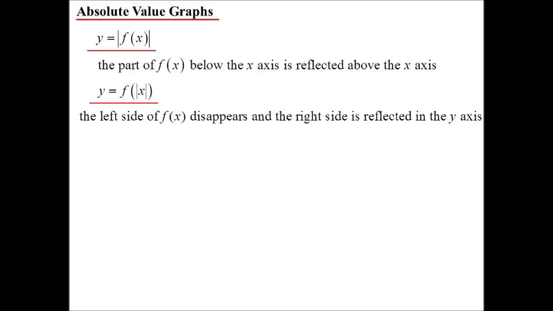So when I substitute in -2, before I substitute it in, it changes to +2, sub it in. So this time what happens is the left-hand side of the original graph just disappears because we could never sub in a negative number. But it's replaced by the reflection of the right-hand side. Right? So it's reflected in the y-axis.